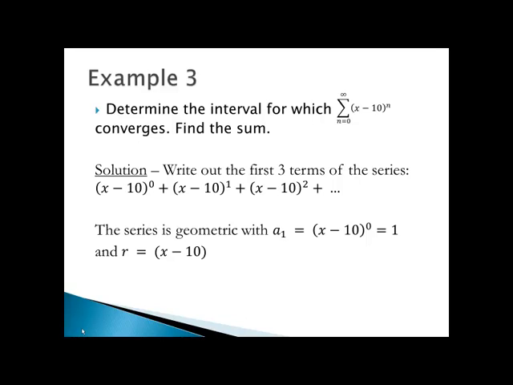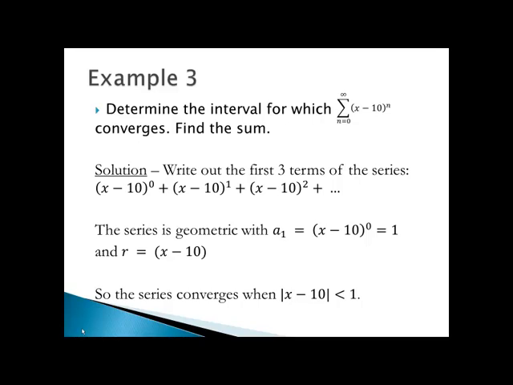I see that this series is geometric, with the first term, a1, being equal to x minus 10 to the 0, while any number to the 0 power is just 1, and r being equal to x minus 10. That is, to get from one term to the next, I multiply by x minus 10. I can get from x minus 10 to the 0 to x minus 10 to the first by multiplying by x minus 10. I go from x minus 10 to the first to x minus 10 to the second, again by multiplying by x minus 10.